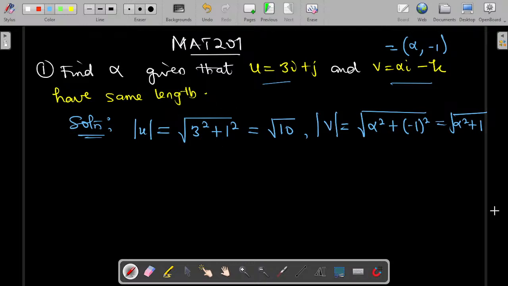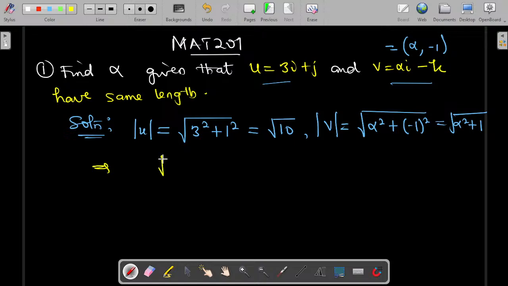So what does that imply? From the question, the two lengths are equal. So the absolute value of u is equal to the absolute value of v.